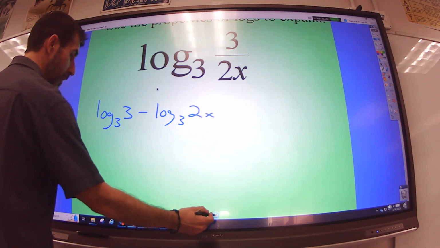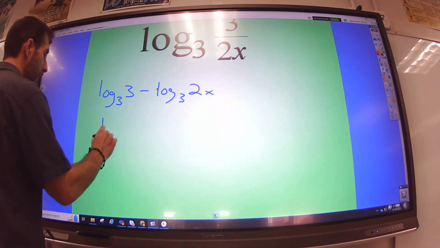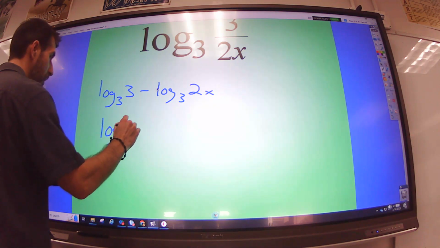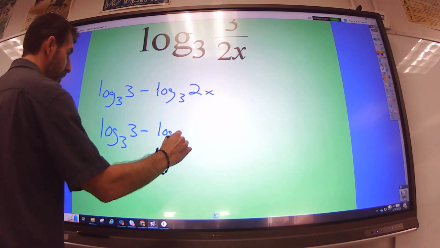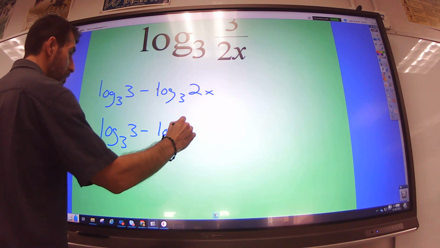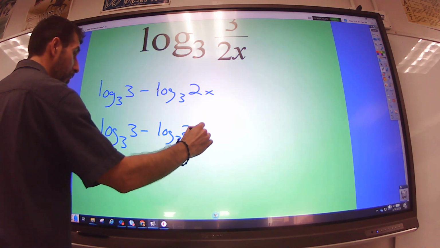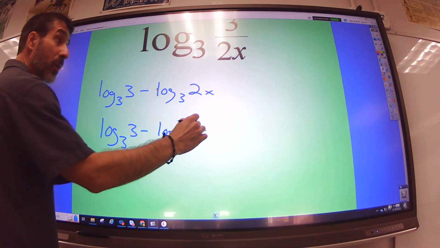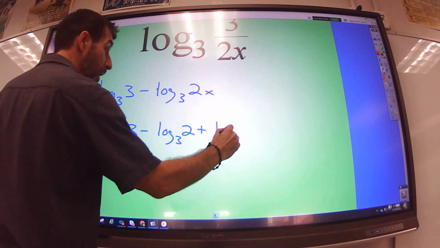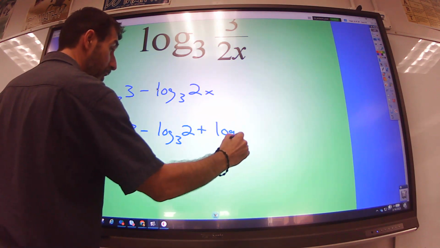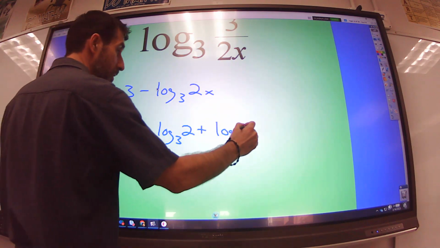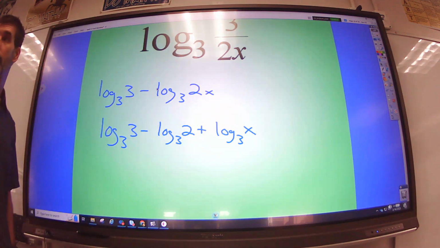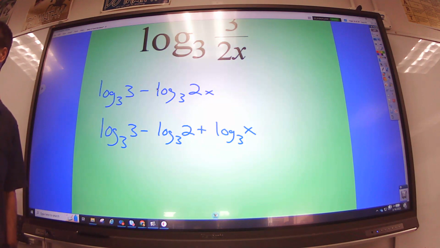Log base 3 of what? x. Yes. Remember that time when we got a 3 in front of the log and we rewrote it as an exponent? That's the power rule, maybe. But wait, there's more.